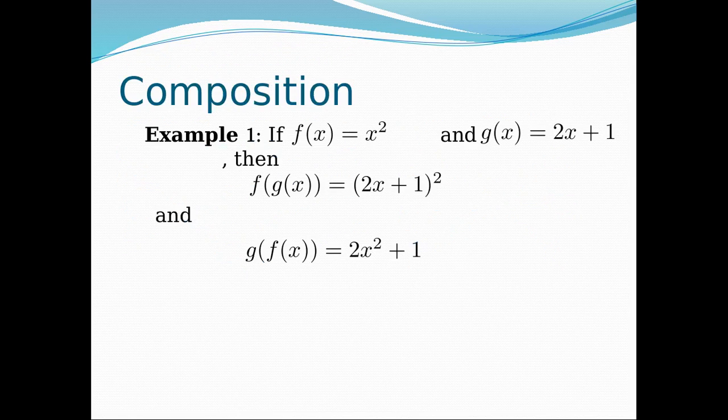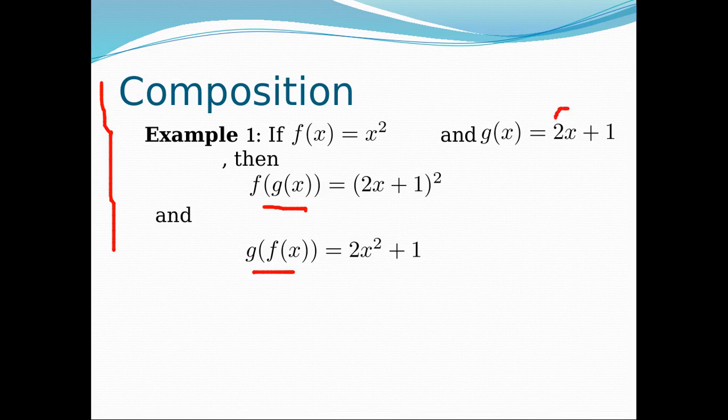It is easier to understand it with a mathematical example. For example, in this case, if f of x is x square and g of x is 2x plus 1, and you take f of g of x, what happens is that f of g of x would be equal to (2x plus 1) square.